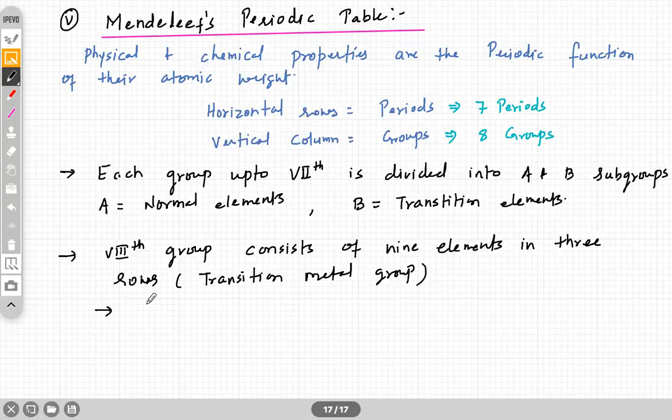Then no separate positions were given to isotopes. Last one, the order of increasing atomic weights is not strictly followed in the arrangement of elements in the periodic table.